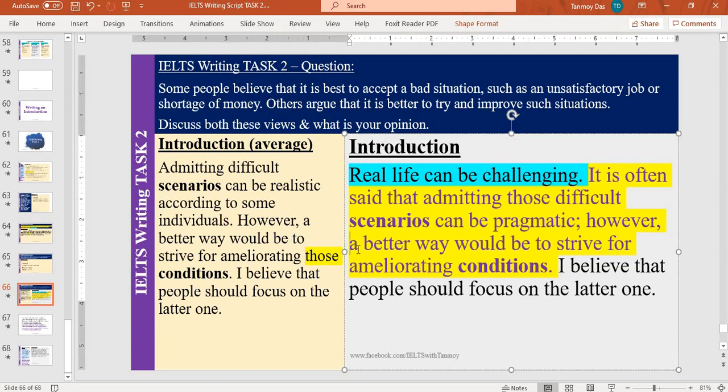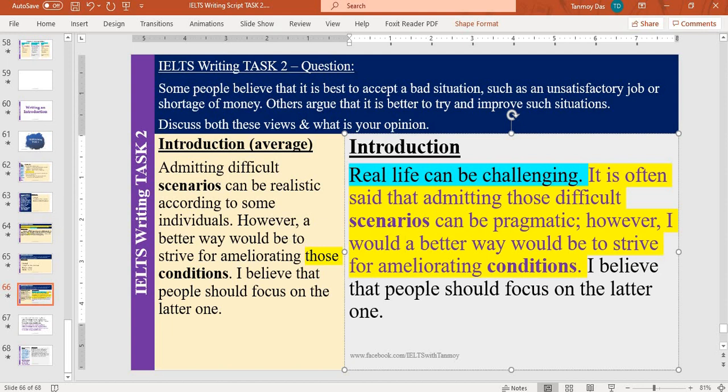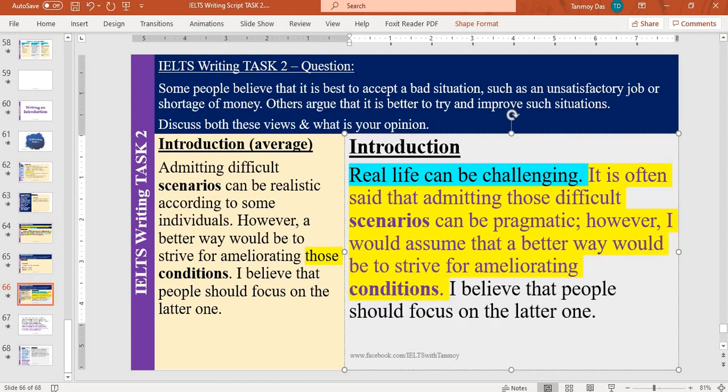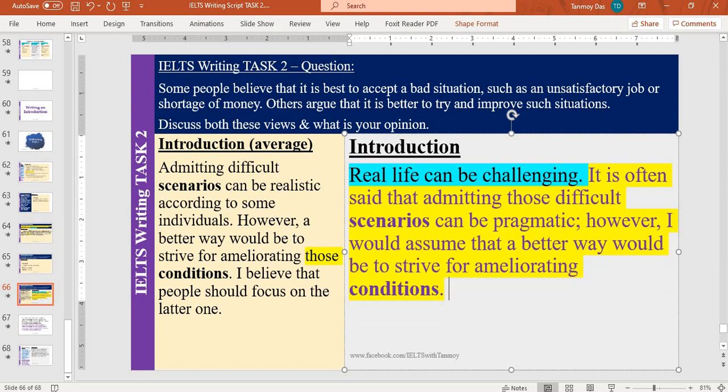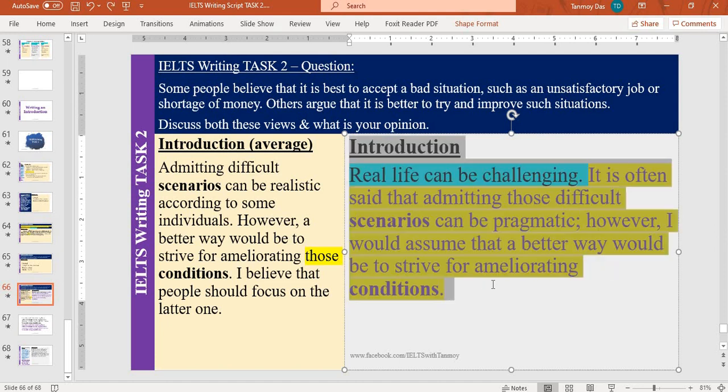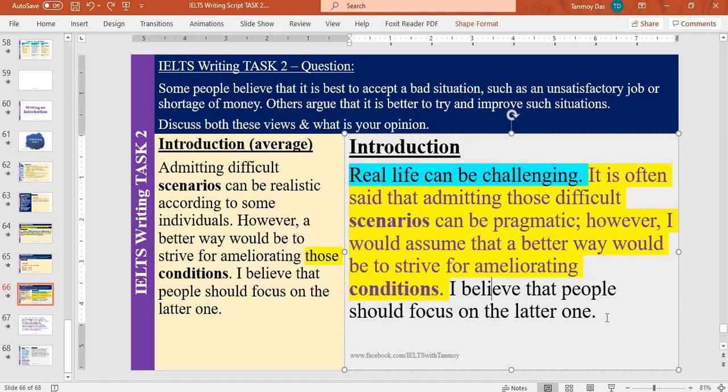However, I would assume that, I'm deleting this one. So you can see that I got rid of these 10 words inside this clause here.